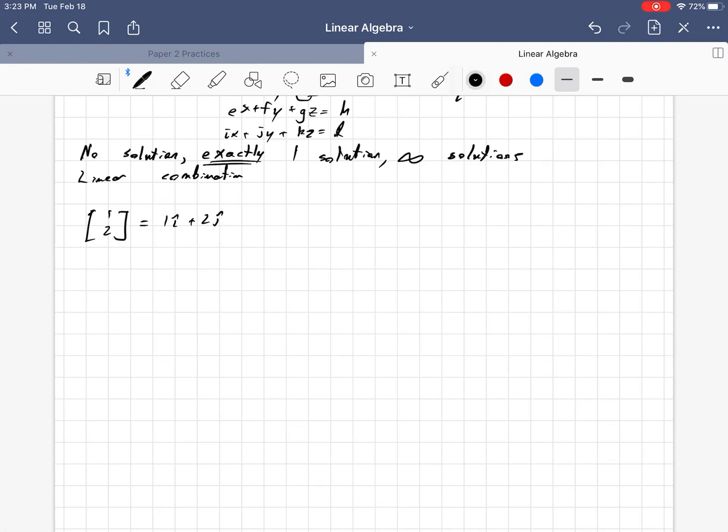Maybe the question pops into your mind, maybe it didn't, it popped into mine. The question is, what if we don't use i hat and j hat as our basis vectors in 2 dimensions in R2?